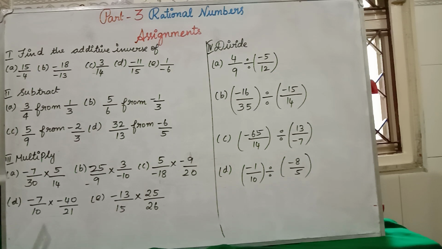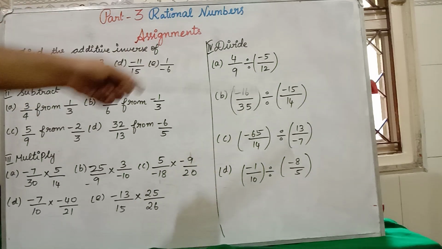Okay. For this multiplication, remember that if both numbers are negative, you have to put the positive sign. You no need to see the greater number sign for multiplication. But in subtraction, you have to see the greater number sign. Clear? Similarly, in division, what will happen? This 4 by 9, you have to write as such.